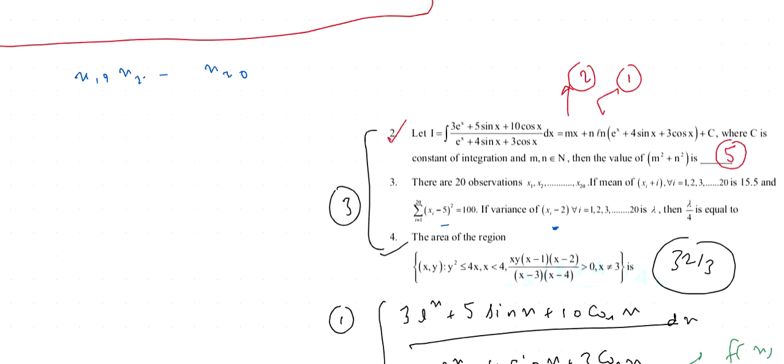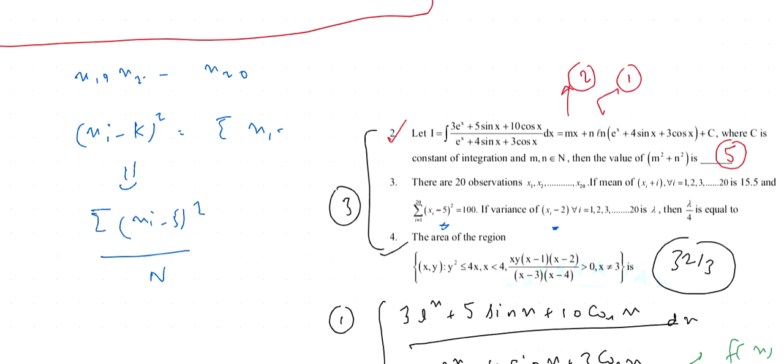So what we can write, the variance of (xi minus k) square, basically the value of this is the same for any value of k. So let us evaluate the expression first. This value is the variance, right? xi minus 5 का स्क्वायर का जो वेरिएंस आएगा वो निकालते हैं. कैसे निकालेंगे? सिग्मा (xi minus 5) का स्क्वायर by n, no doubt, minus (sigma (xi minus 5) upon n) square.